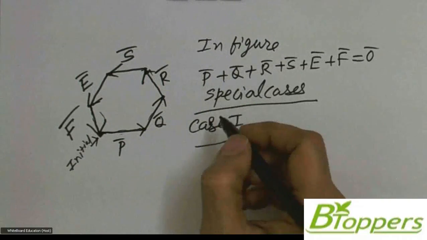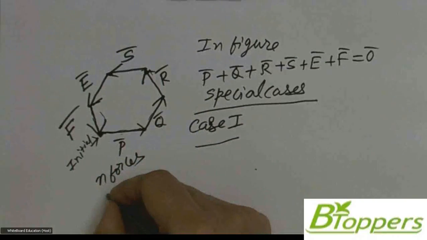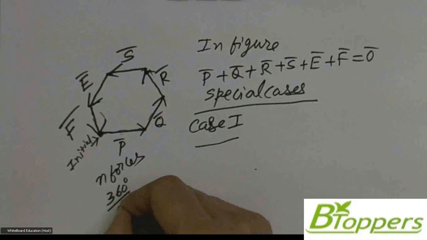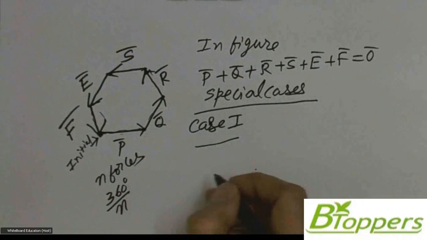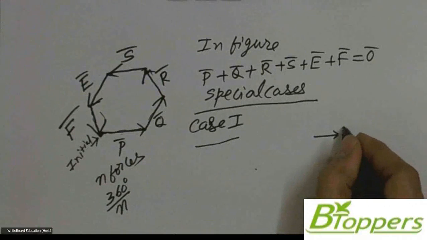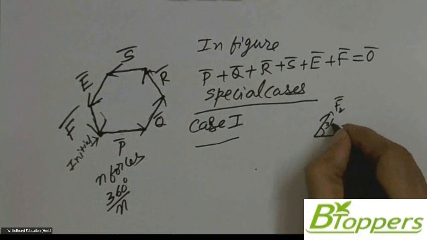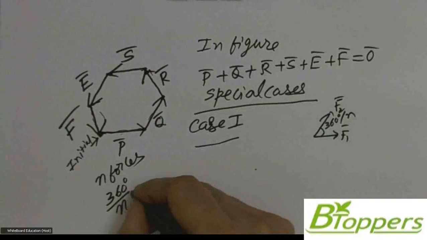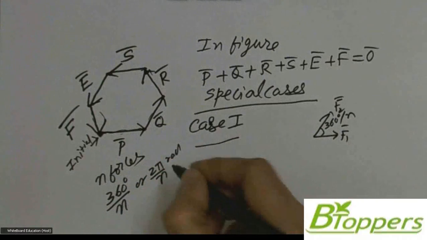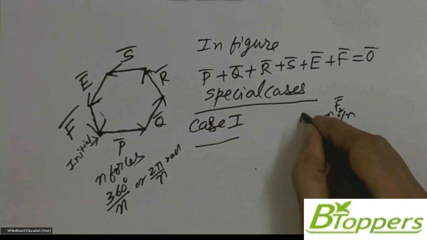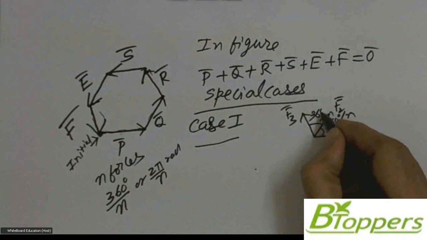For example, if there are n forces with the same magnitude, such that the second force makes an angle of 360 degrees by n with the first force, and the third force makes an angle of 360 degrees by n, or 2 pi by n radian, with the second one, and so on.